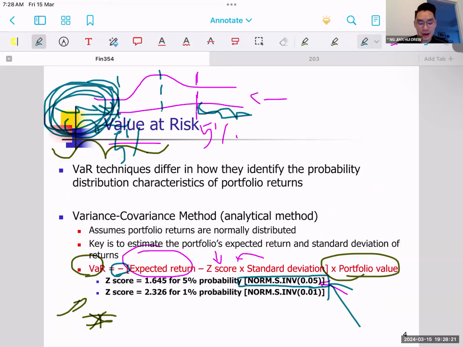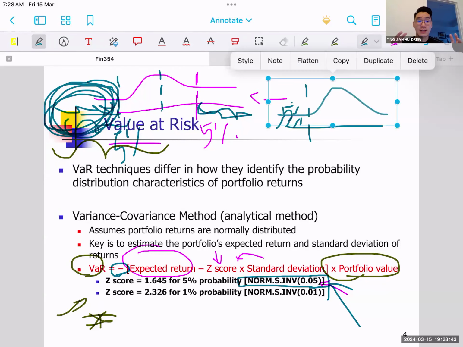So as we kind of explained earlier, why do we use this NORM.S.INV 0.05? Basically, we are trying to get this normal distribution. We know that 5% is inside here, this 5%, right? The area under a normal distribution graph gives you the probability, right?